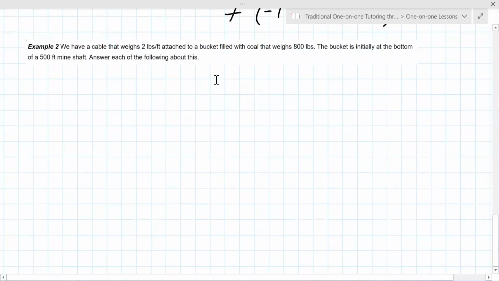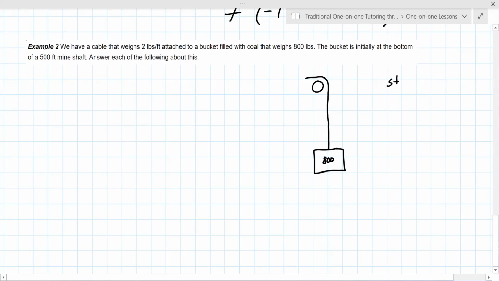We have a cable that weighs 2 pounds per foot attached to a bucket filled with coal that weighs 800 pounds. The bucket is initially at the bottom of a mine shaft. And then there's some questions I give here, but the scenario is you got a rope attached to a bucket down here. The bucket weighs 800 pounds, but the rope also has weight.